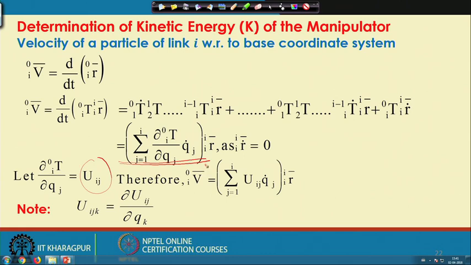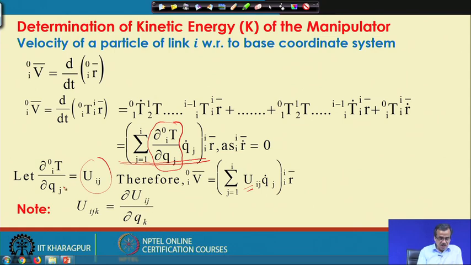That means V_i with respect to 0 can be written as summation j equals 1 to i of u_ij multiplied by q_j dot multiplied by r_i with respect to i, and here this u_ijk is nothing but the partial derivative of u_ij with respect to q_k.